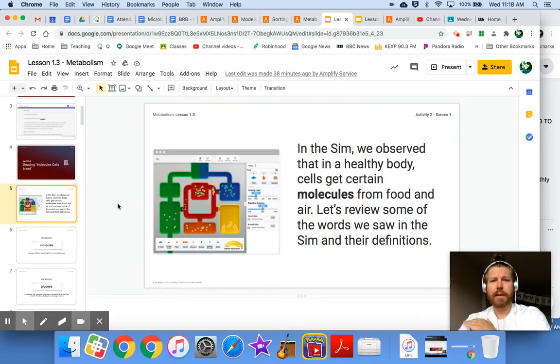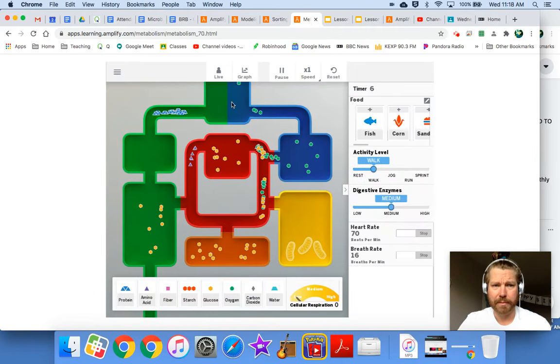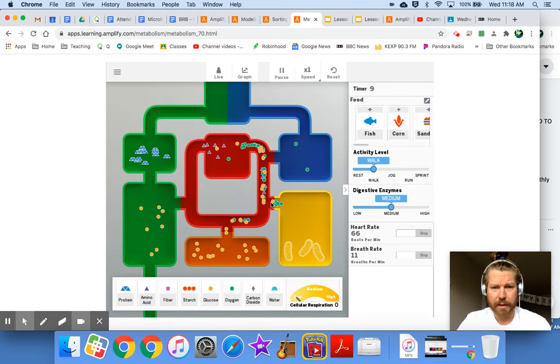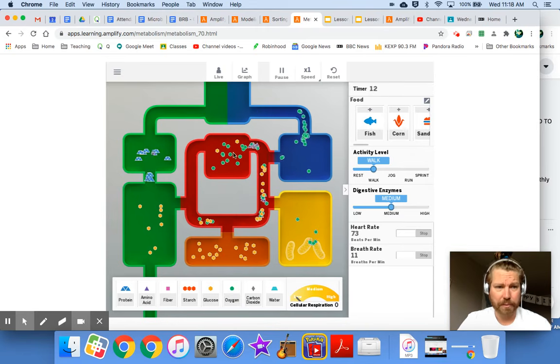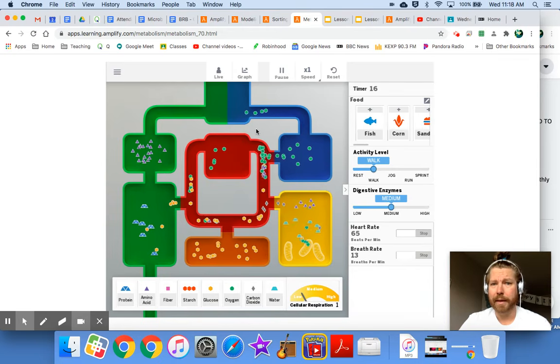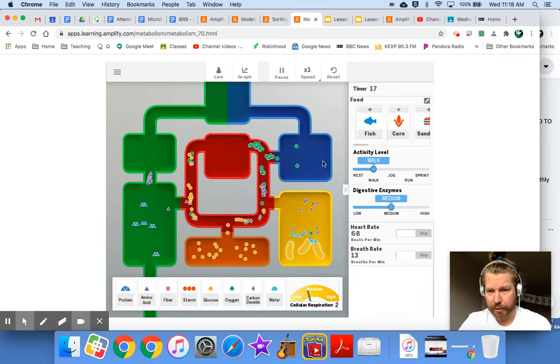Both ways. So in the sim, we observed that in a healthy body, cells get certain molecules from food and air. Let's review some of the words we saw in the sim and their definitions. Let's actually jump to the sim again really quick. So we saw that, yes, the body needs these molecules. These molecules are going all around. Some of them come from air. Some of them come from food. Hint, these are your lungs over here.